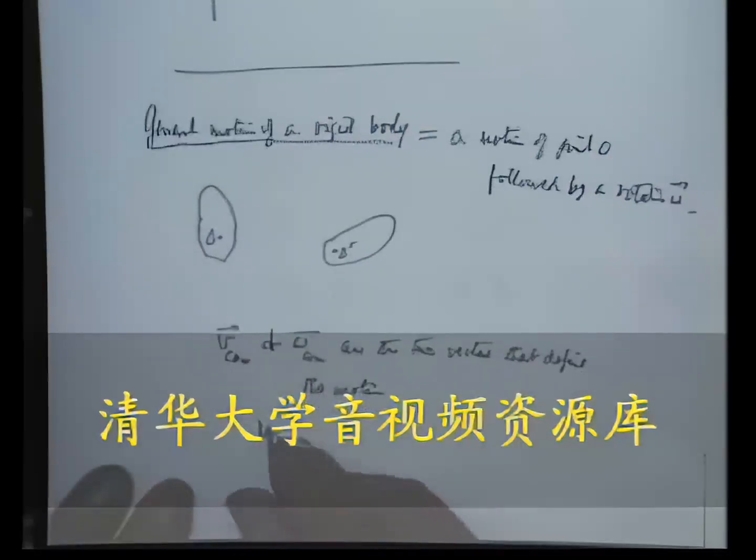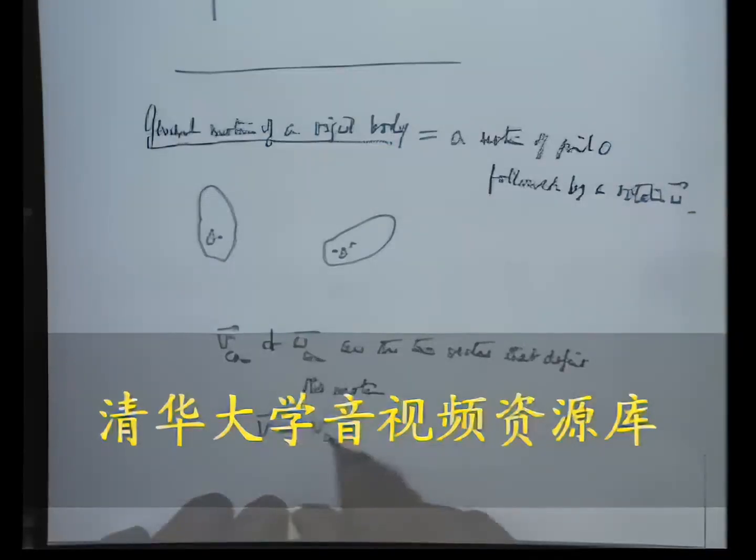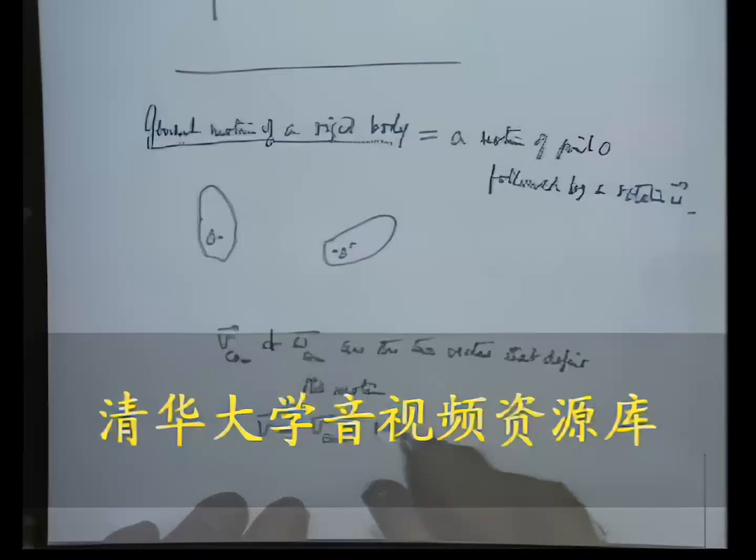And the velocity of any one point is equal to the velocity of center of mass plus omega cross r.